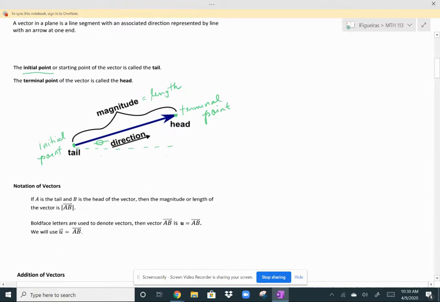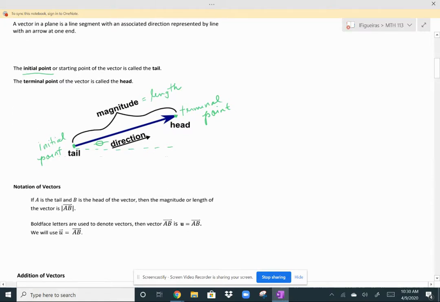Okay, so there are lots of different notations for vectors. If I call the tail, or my initial point, A, and the head or the terminal point B, then you can say that the magnitude or length of the vector is what you see here. And this is not an absolute value, it's just notation.